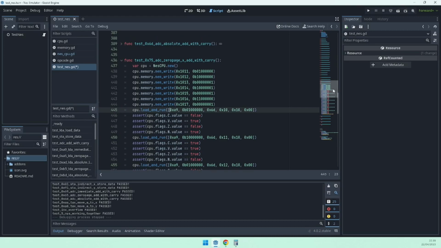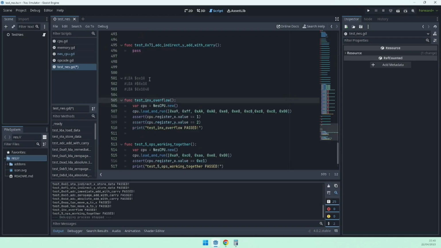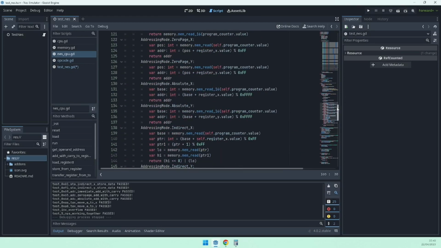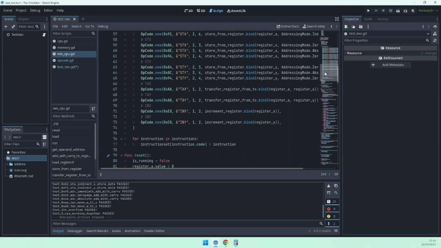So inx was E8. Let's check it. INX takes 1 byte and it is 8.